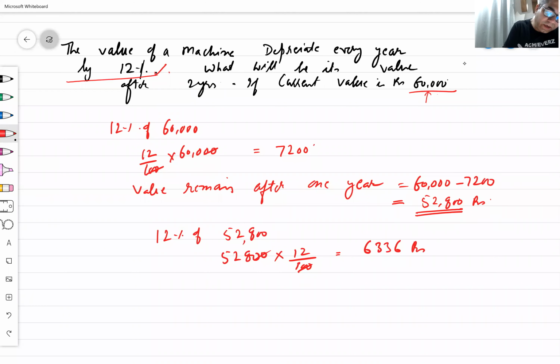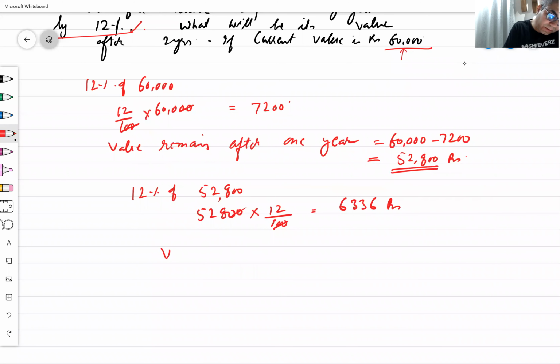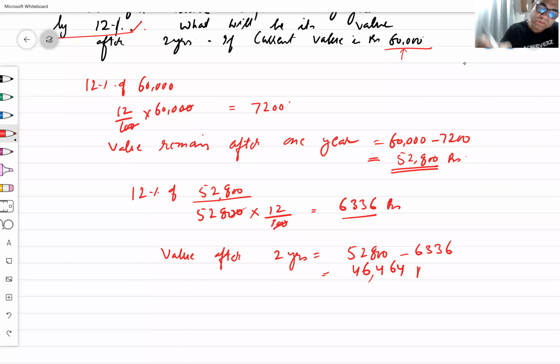So what is the value after 2 years? Value after 2 years would be this value minus this: 52,800 minus 6,336, and that would be 46,464 rupees.